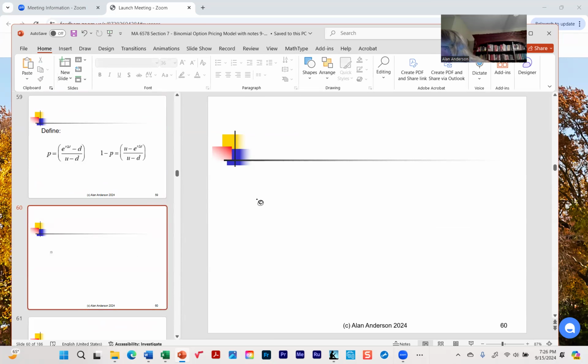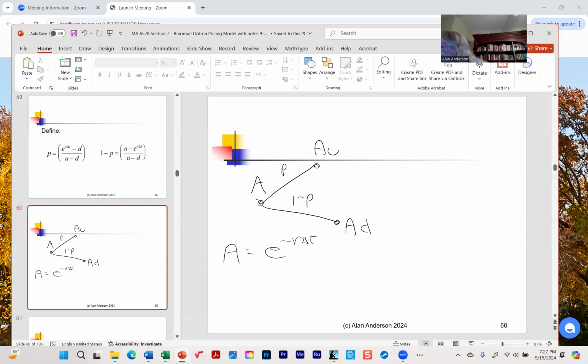Let's say we have some asset, let's try A again. It must be true that the price of A today is the present value of what we call the expected value of the future cash flows.